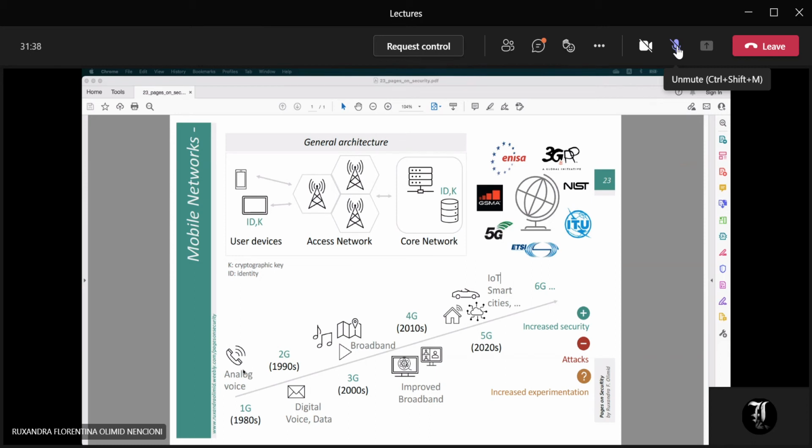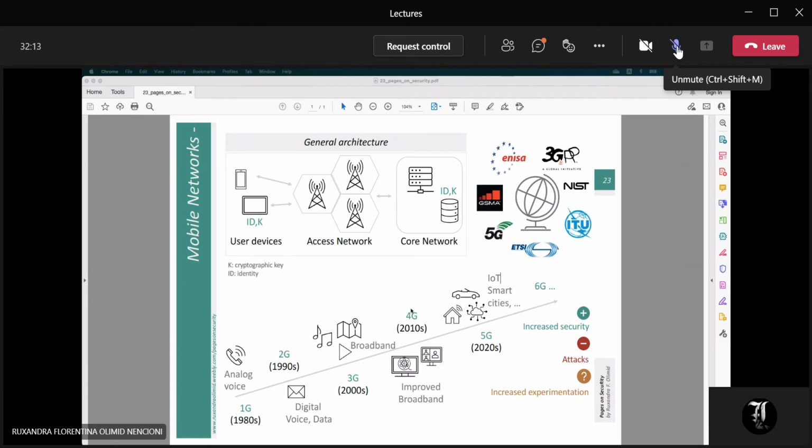The second has some nice, interesting security features that are the basis for 3G, 4G, 5G, and so on. 3G is somewhere in the middle between the second and fourth generation, and it doesn't bring too much, so we're not looking into that. 4G is interesting, so we're going to look into that because it brings some really important improvements compared to the second generation.